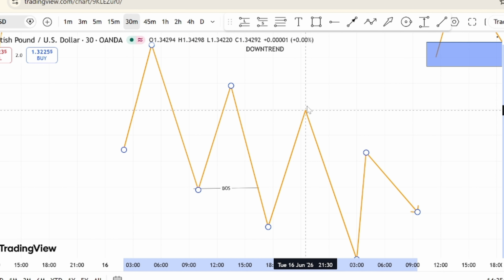Now, this is my favorite pair, GBP USD. Let me first remove all these. I want to show you the strategy very well. So as you can see, this one here was a downtrend.